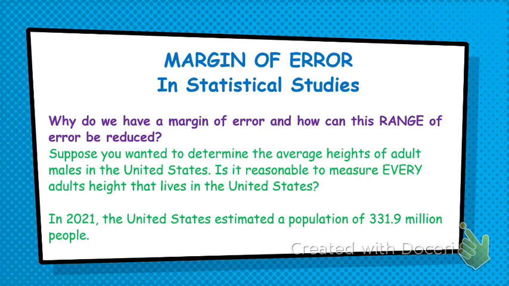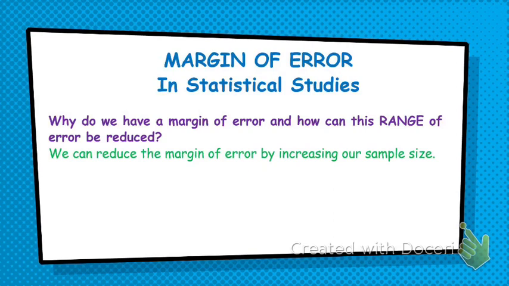Okay, so I just went over this type of example. So why do we have margin of error, and how can this range of error be reduced? The margin of error is a range, saying you're confident that the average height of males is somewhere between this and this, based off of this margin of error. One way that we can reduce the margin of error is by increasing the sample size.